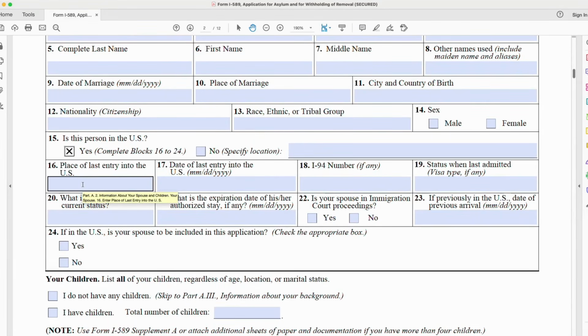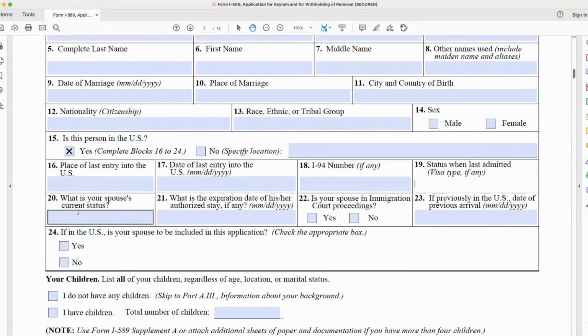Write the place where they last entered the United States on question 16, and the date they last entered on question 17. On question 18, write their I-94 number if they have one. On question 19, if they entered with a visa or parole, specify the type of visa or write parole. If they did not enter with a visa or parole, you can write none or leave it blank.